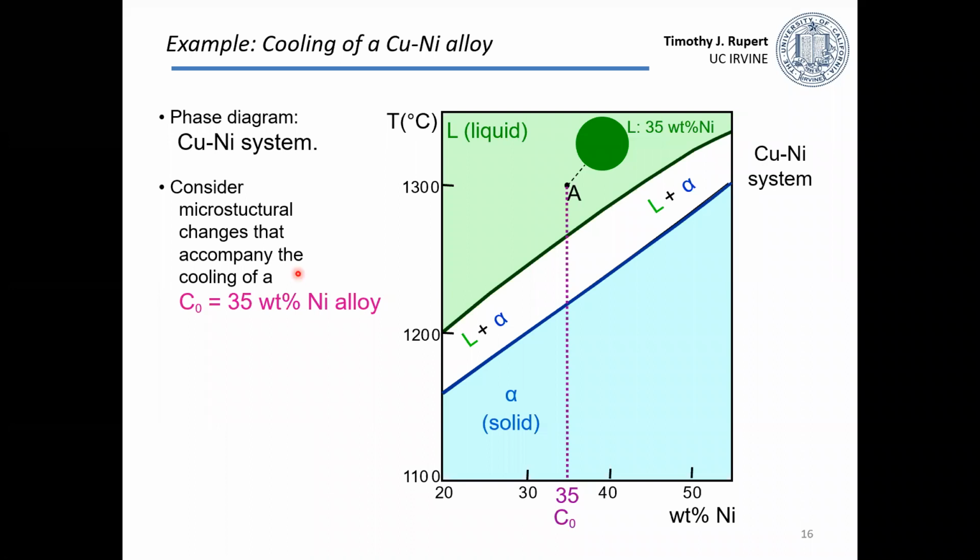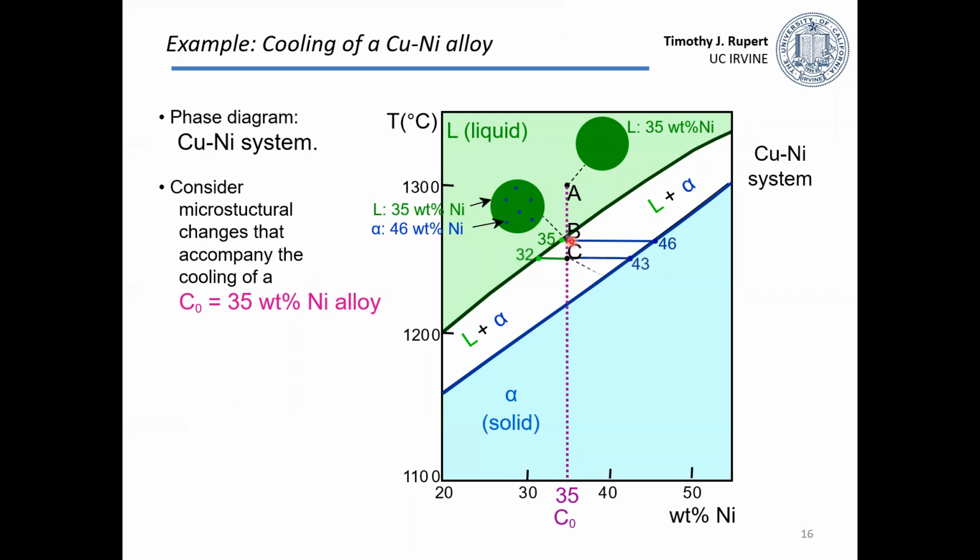If we have a copper-nickel alloy at 35% nickel, at the high temperature of 1300 degrees C, it will be all liquid. As we cool it down, we pass through different phases of material. When we're at point B, just in that two-phase region, we're going to have mainly liquid with just a little bit of solid, okay?